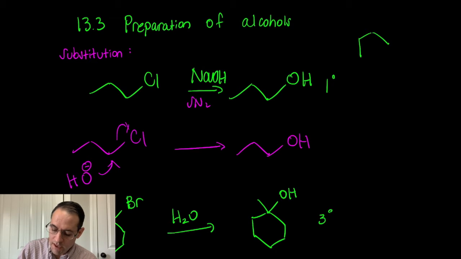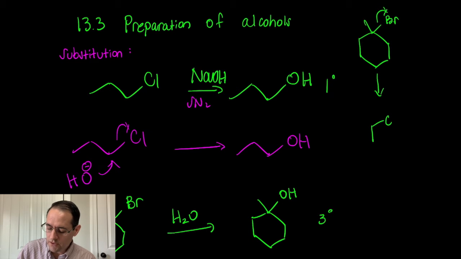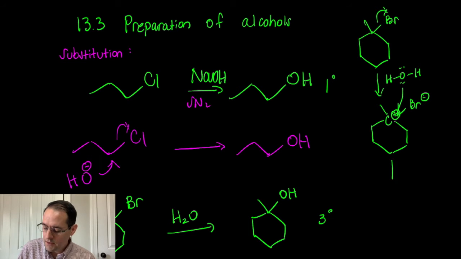The first reaction that occurs here is that we have solvolysis, right? We generate a carbocation and a bromide ion floating around here. And then water, which is the solvent, comes in and attacks that carbocation to give you a protonated alcohol, okay?